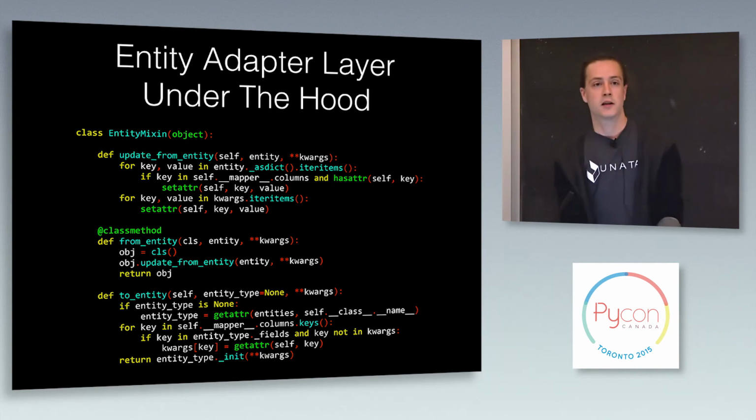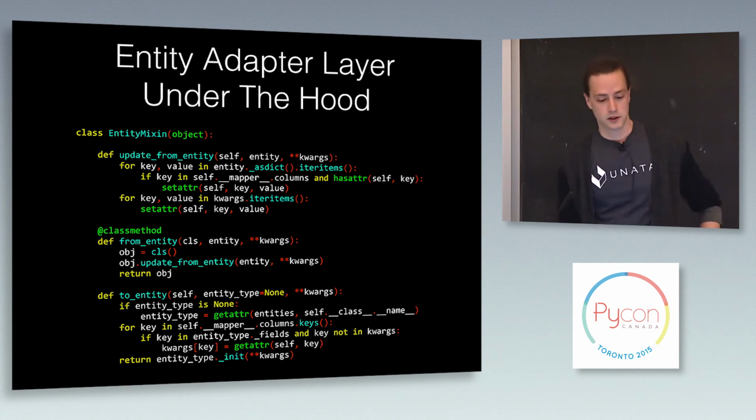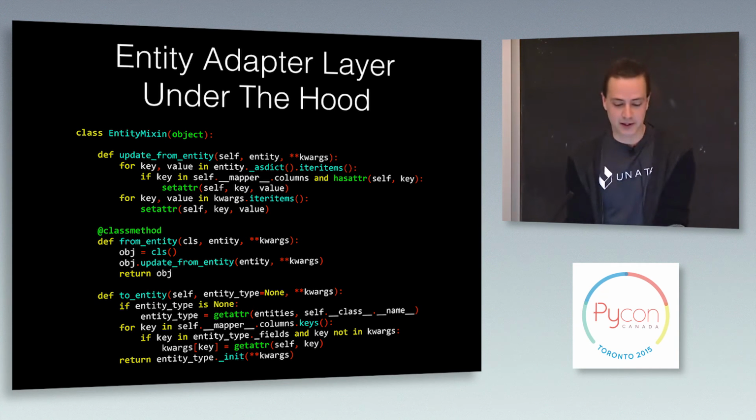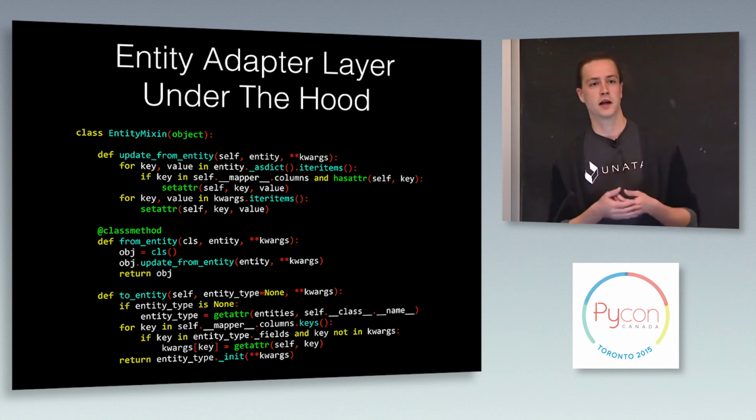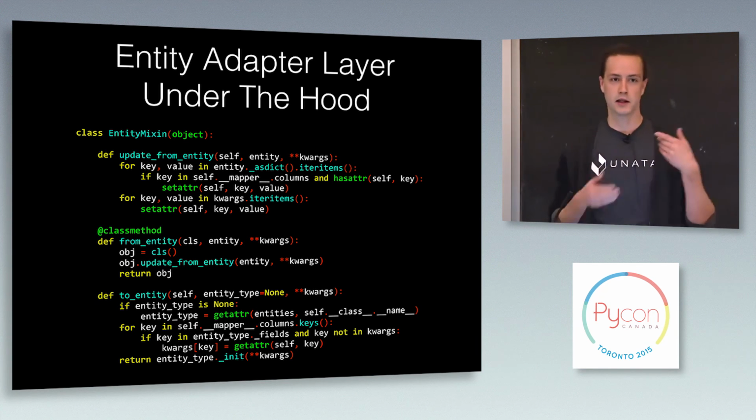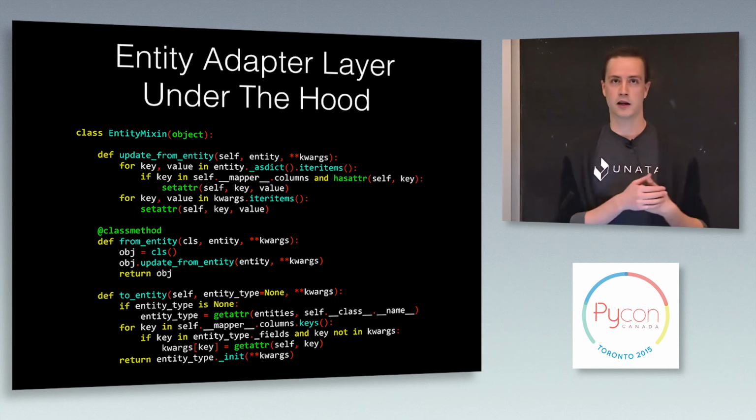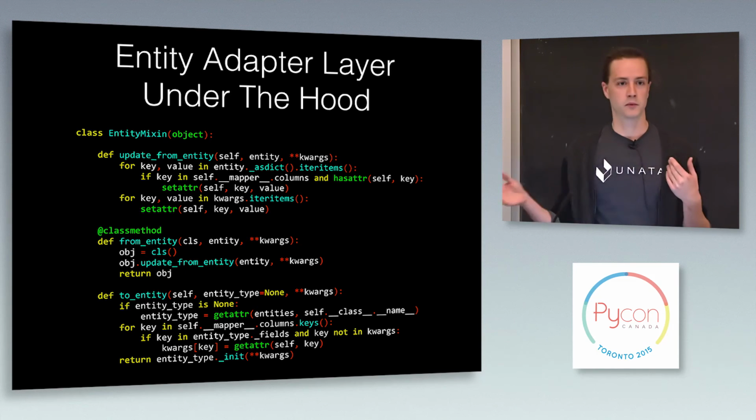So this is a mixin that we put on our SQLAlchemy models. It basically enables our classes to easily interface with entities. You can see in this function, update from entity, all it really does is look at the common names of the entity and the model and say these things are probably what we want to update.